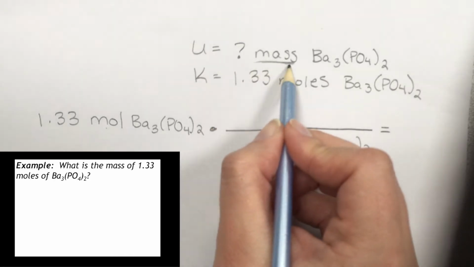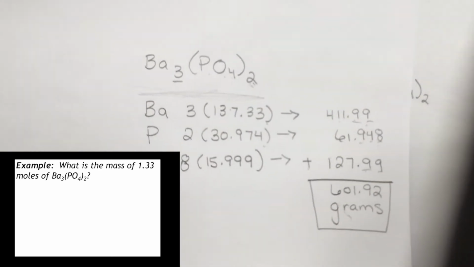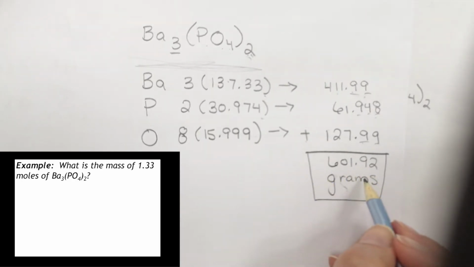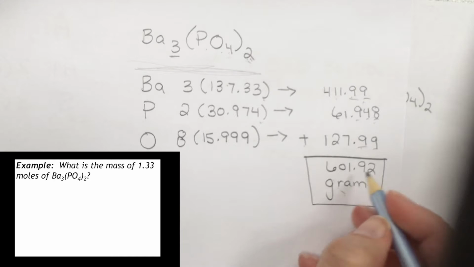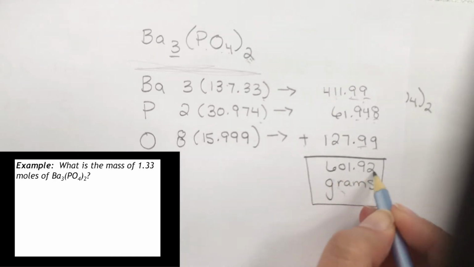It's asking for mass. We happen to have just calculated the atomic mass of this substance, so I'm not going to do it again. We're just going to use the mass that we have, which will be different than the PowerPoint slightly, so don't freak out when our answers vary a little bit. So it's 601.92 grams.